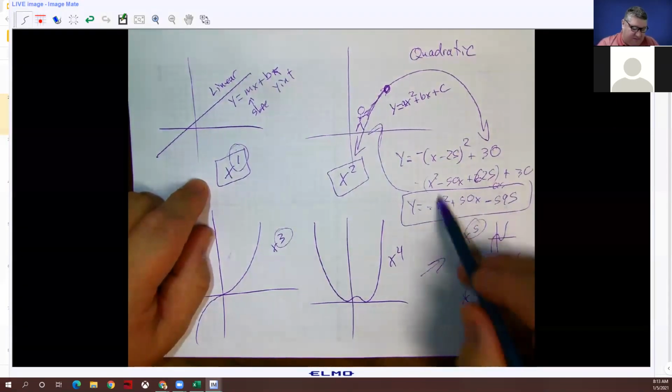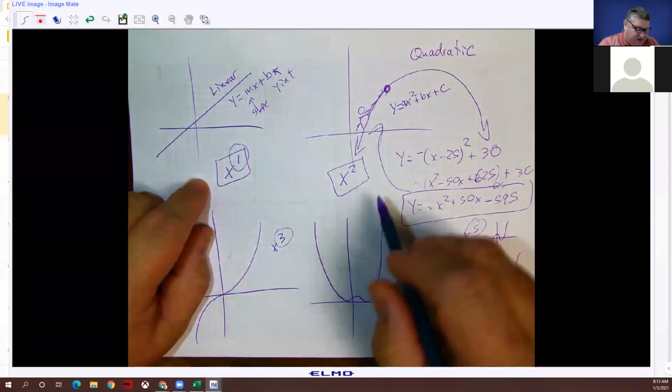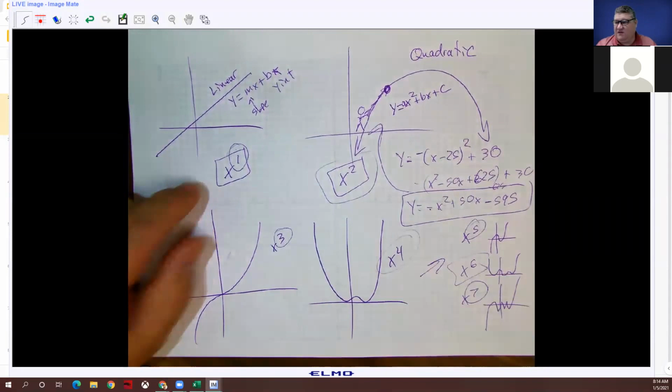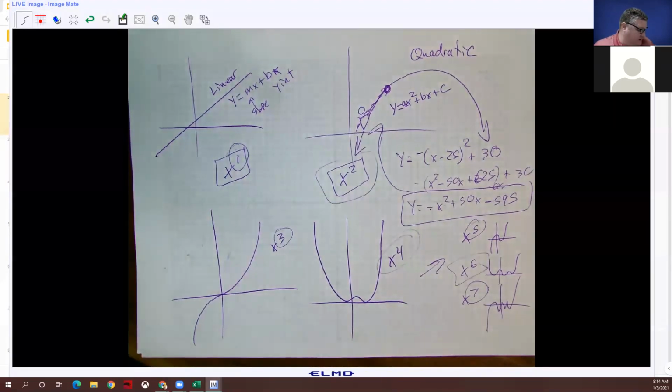It's a matter of what's the power. So if those are odd functions, then obviously squared, fourth, sixth are considered what kind of functions? Even functions, that's right.